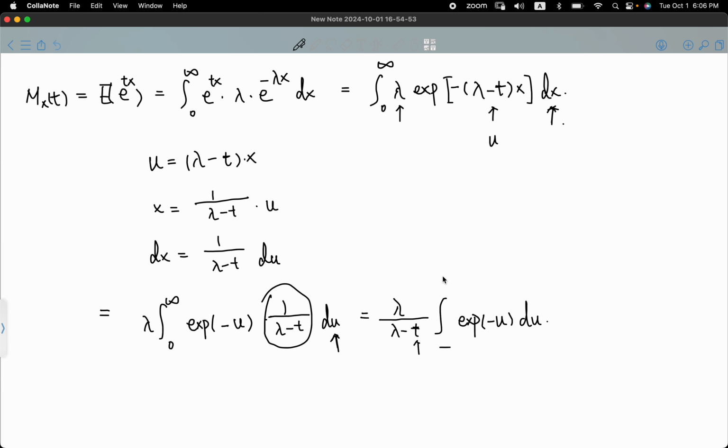And what is the upper bound and lower bound here? After we change from x to u, what is the upper bound and lower bound? 0 to what? Why is that? So you're saying the bound should be evaluated from 0 to u?